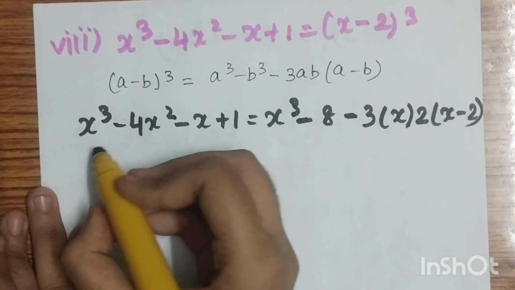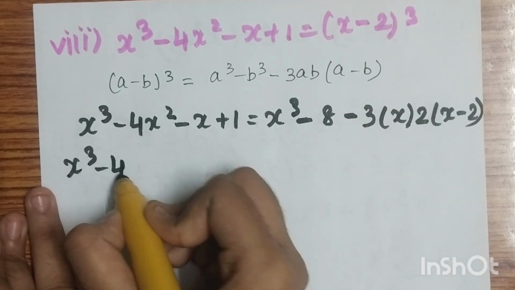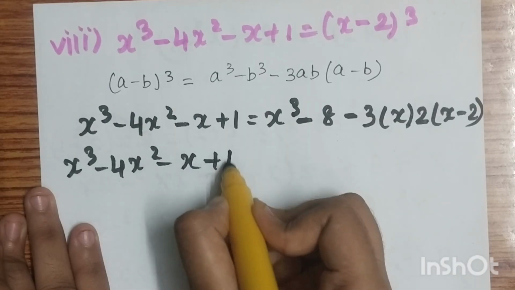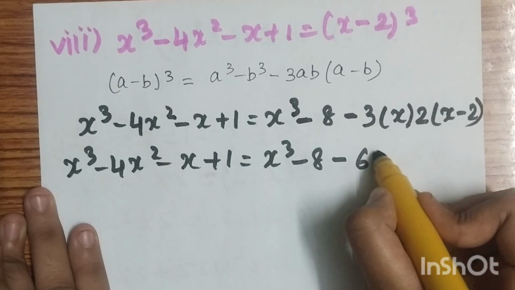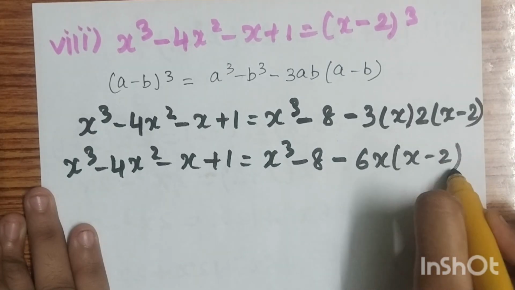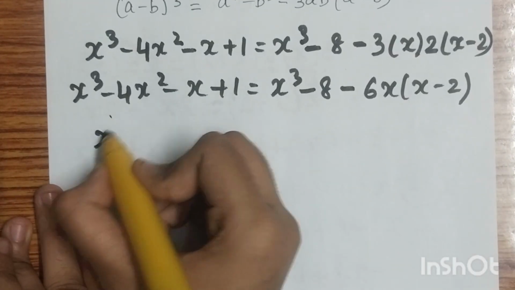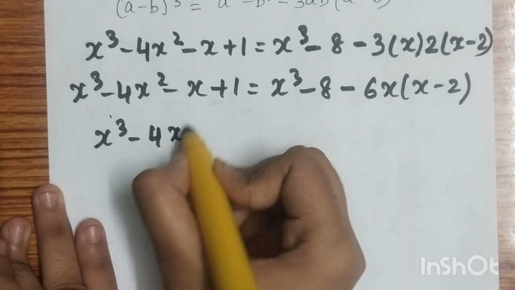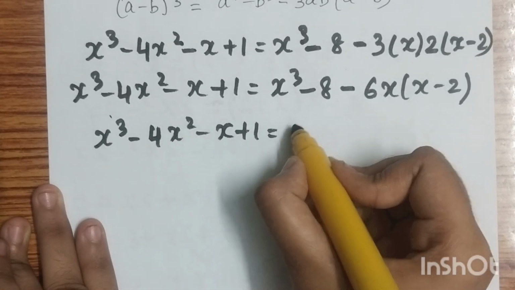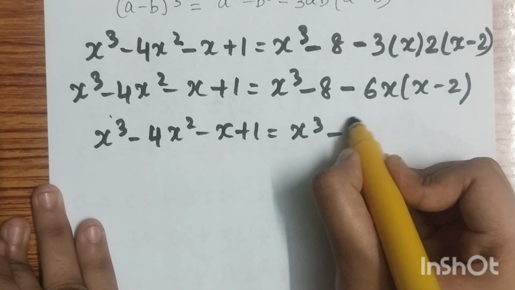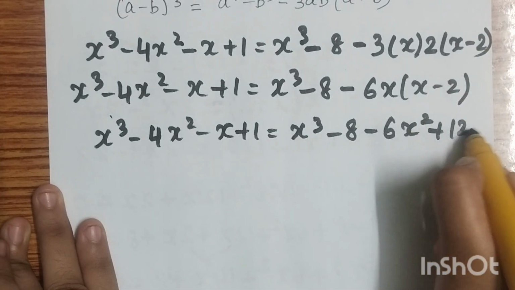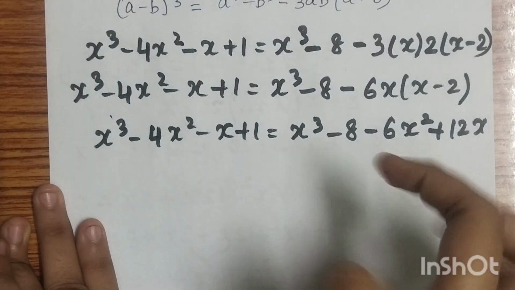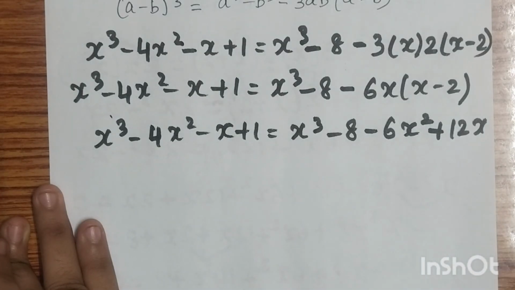Okay, so substitute here. x cube minus 4x square minus x plus 1, equals x cube minus 8 and then minus 6x into (x minus 2). So x cube minus 4x square minus x plus 1 equals x cube minus 8 minus 6x square plus 12x. Now shift here. Before that, this x cube and this x cube get cancelled out.